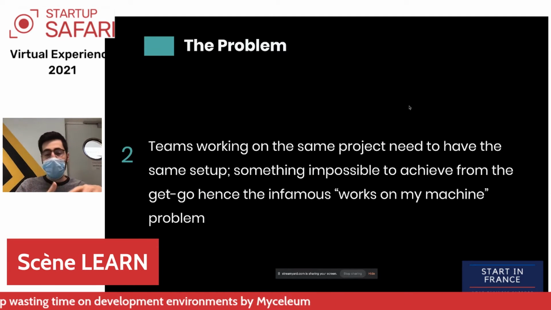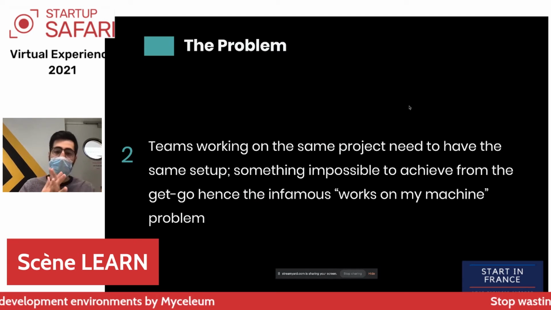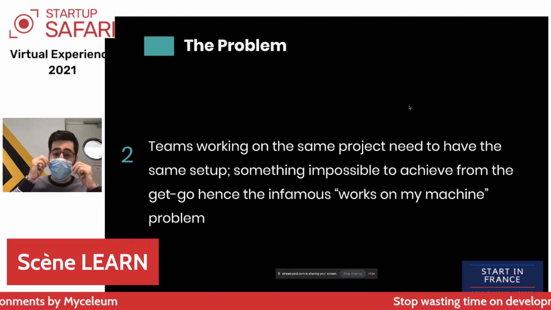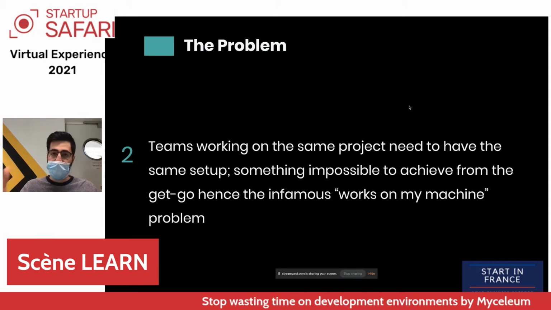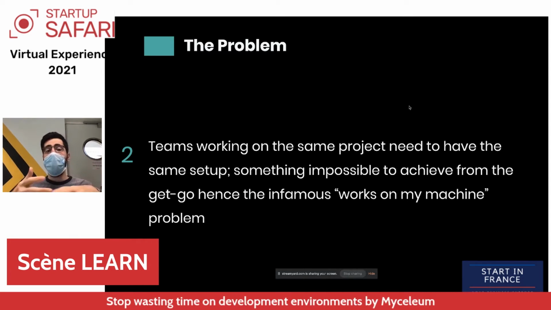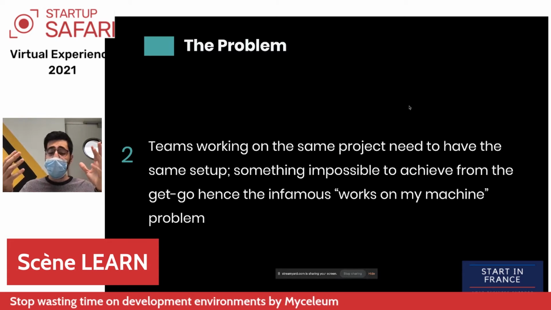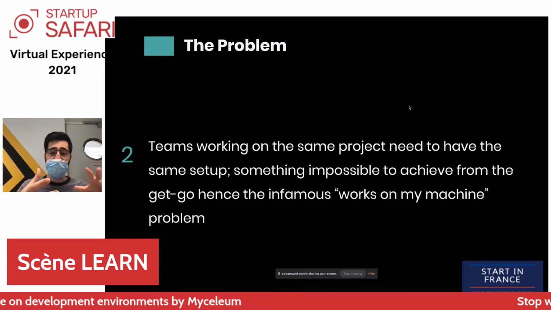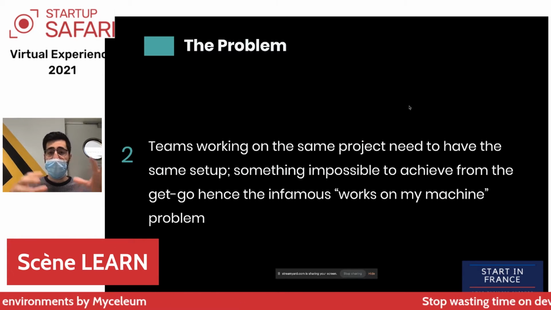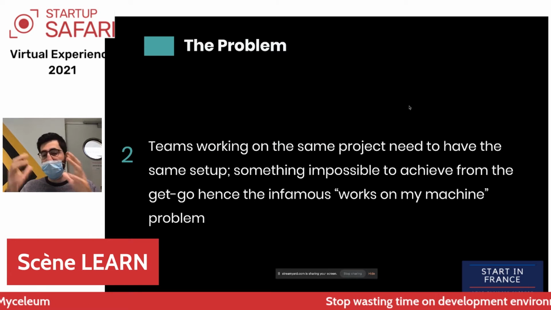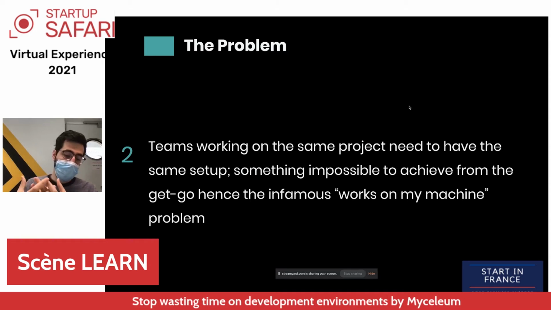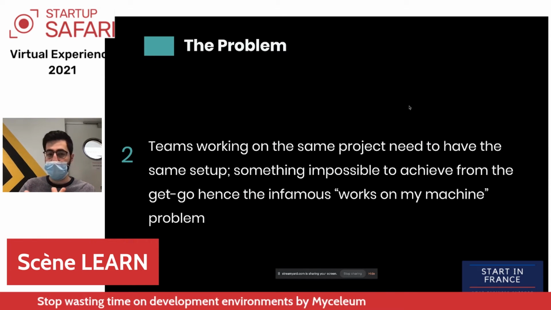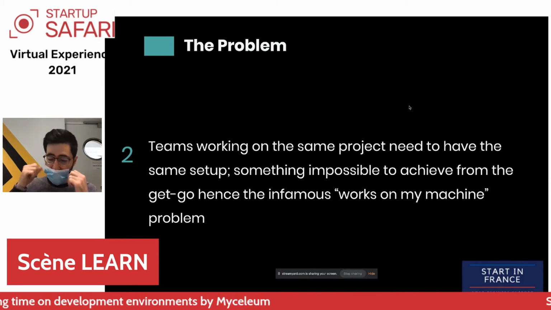The second problem is what we touched upon earlier, the works on my machine problem, which means that when you're working in a team, everyone really needs to have the exact same environment. Not only that, ideally you want your local environment to be as close as possible to production, because you don't want issues to pop up on production that you didn't catch locally.